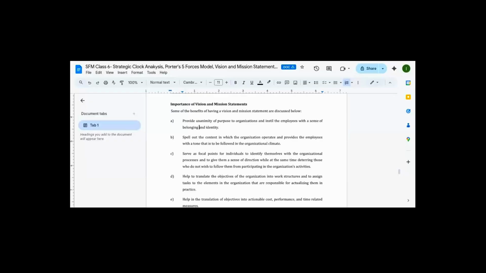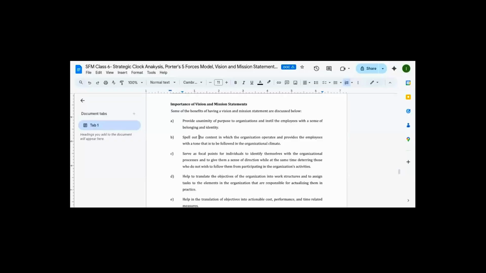The vision and mission statement, as I've told you, comprises the culture of the company, their philosophy, core values, ethical values and norms. All employees in the company must share the same values and philosophy. That's what number one is telling us.